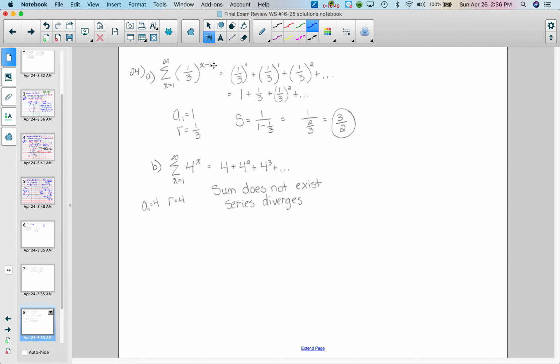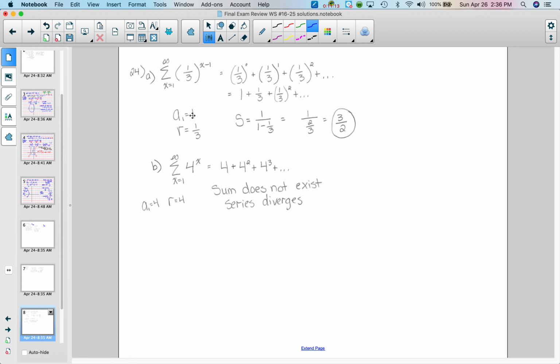So think about what that means. If you start by filling in a 1, you get 1 minus 1 is 0. So that's why I have 1/3 to the 0 power plus. And then if you filled in a 2, you would get to the first power, and you would keep going. Now, you would keep going forever. So obviously you can't do it that way.